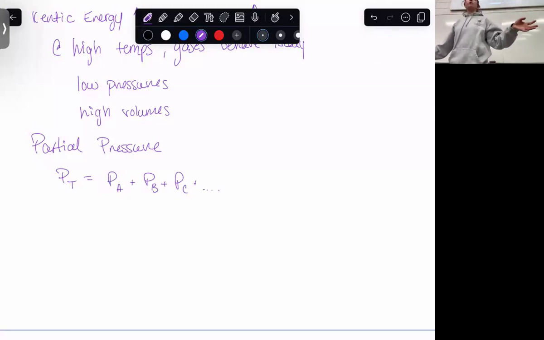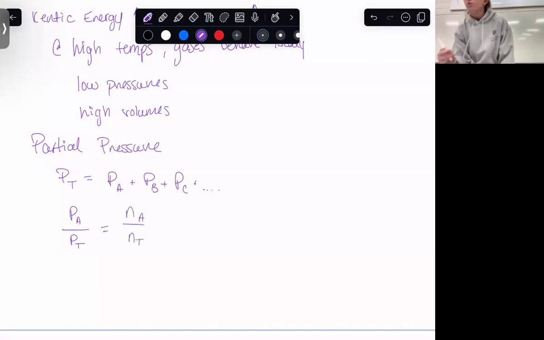The other one is related to mole fraction. The pressure of gas A divided by the pressure of the total gas is related to the number of moles of gas A over the total moles. And this is related to the mole fraction, or that fancy X of gas A. Can mole fractions be negative?